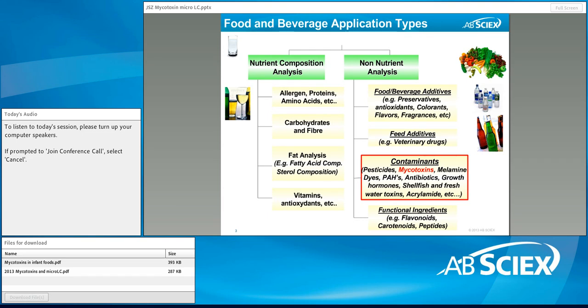And another part is contaminants testing, which is, of course, a very important part here. Also, mycotoxins are an important aspect in this contaminants testing.